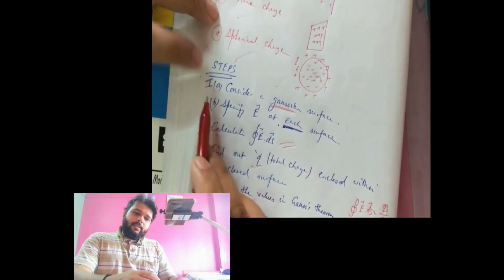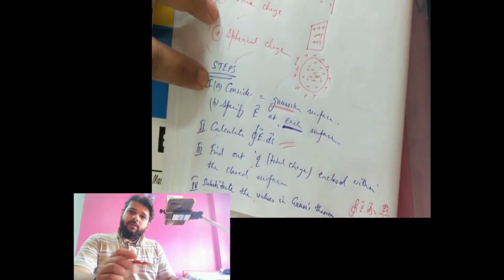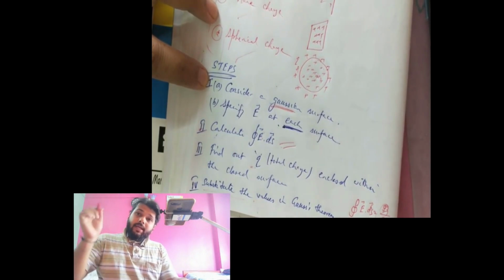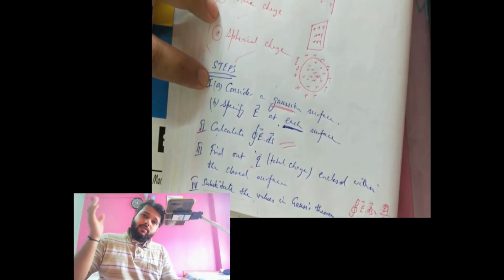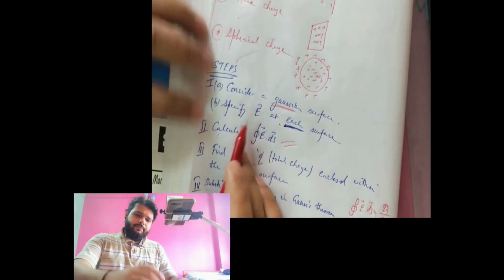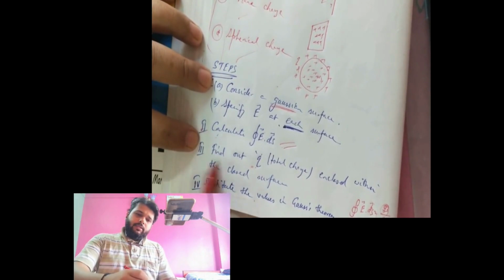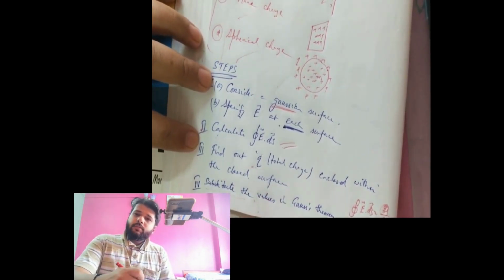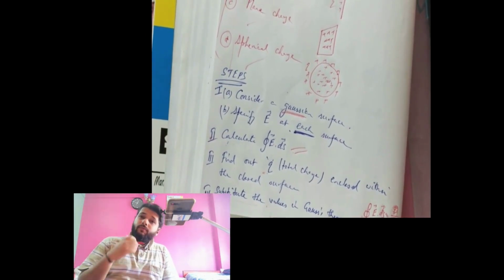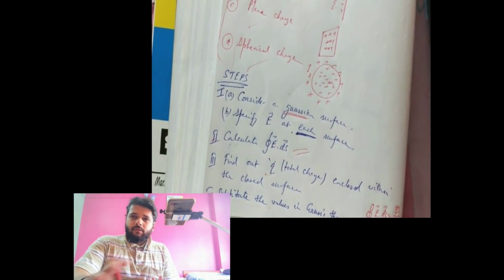Next, the second part of the first step is specify E at each point of the surface, whether it is a cylindrical surface or a spherical surface or anything. In the second step, we calculate the value of E dot ds. Third step, find out the total charge enclosed within that closed surface. And in the fourth step, we'll put in the values from the second and third steps.